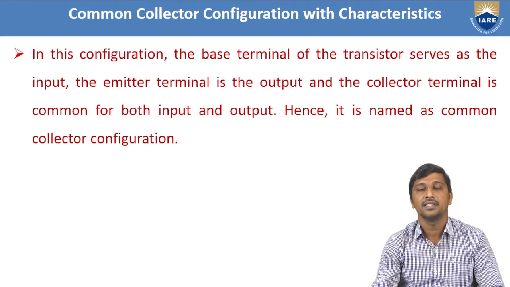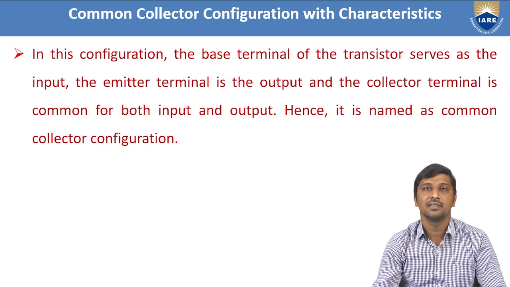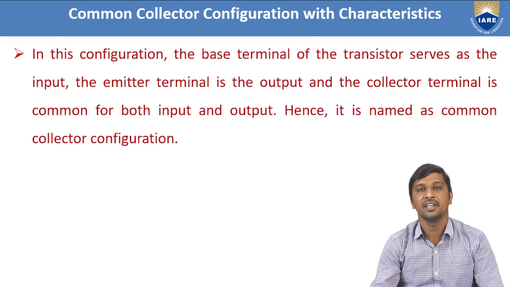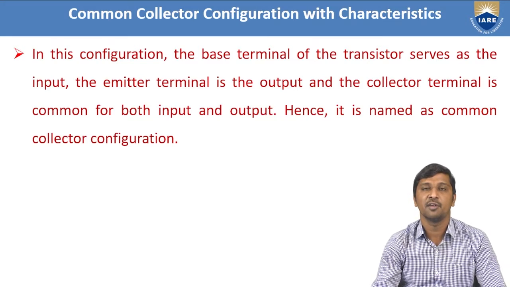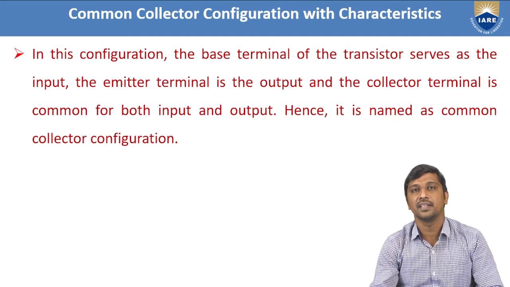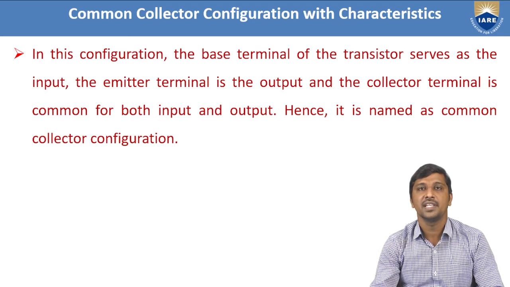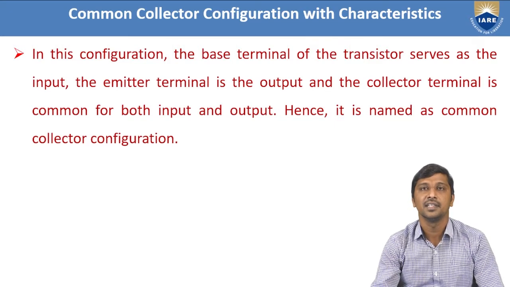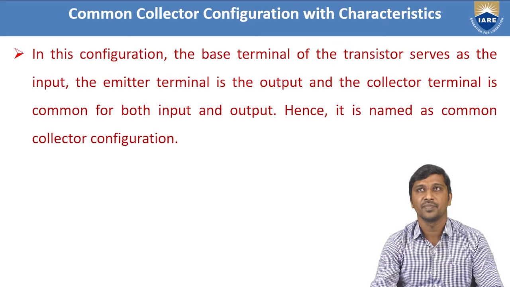So this configuration is also called an emitter follower circuit, because we measure the output across the emitter terminal, where the emitter acts as the source for a BJT. The same amount of charge carriers emitted from the emitter to allow conduction are collected at the output terminal.